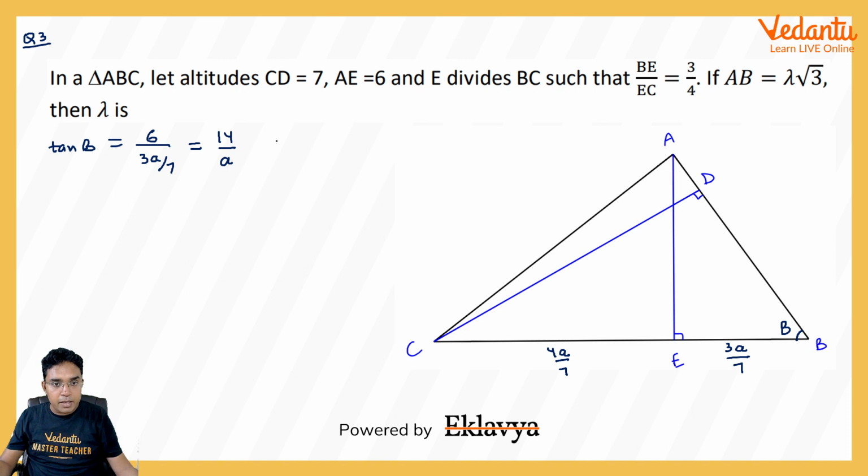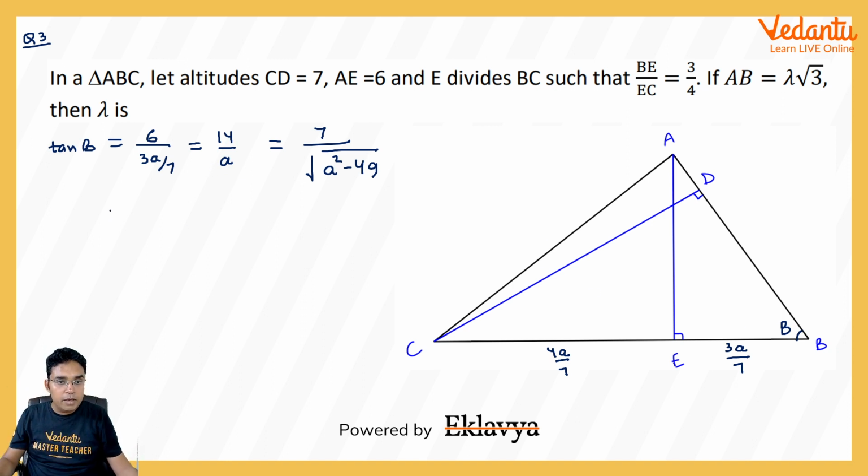But this tan B is also, if I use another triangle, CD in the numerator upon DB in the denominator, and DB can be written directly by use of Pythagoras theorem, because this BC length is A. So I can write this as root of A square minus CD square, that is 49. So these two things we are getting by equating 2 values of tan B.